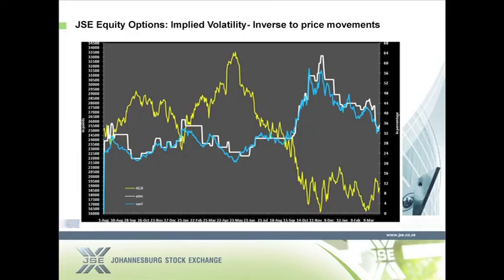Now, if we look at this next graph, we can see a very, very interesting and important phenomenon here. Implied volatility and realized volatility tend to be inverse to price movements. So as the index level goes higher, volatility comes down. Right about the middle here, in May we reached the heights of the market level.